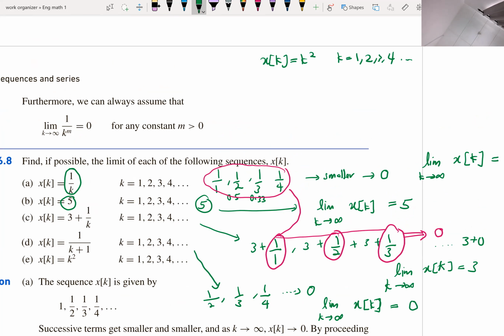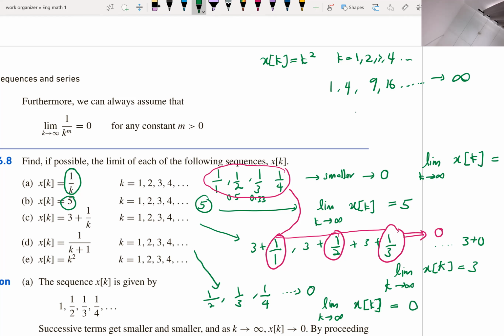We will get the sequence 1, then 4, then 9, then 16, and so on. As you can see, it will tend closer to infinity.